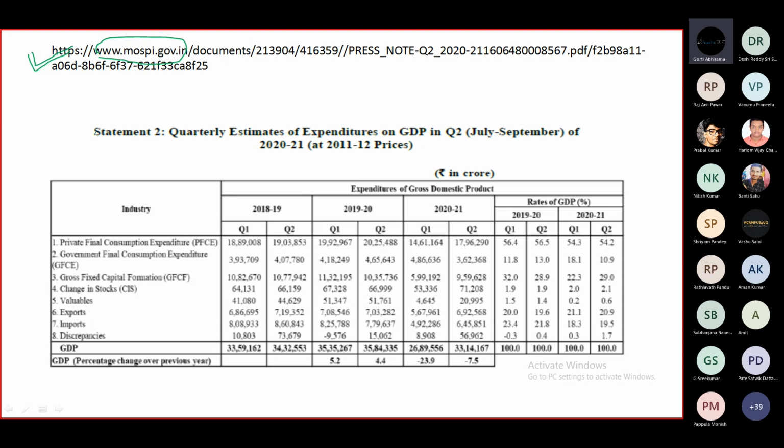For instance, in this case, whatever we are producing in Q2, that is July to September, we are converting those goods and services to monetary value using market prices, and we are calculating our GDP.